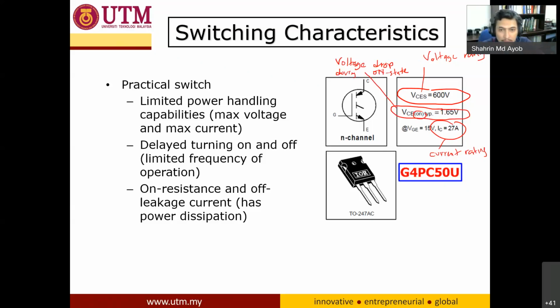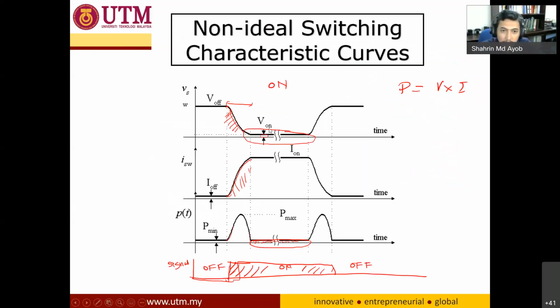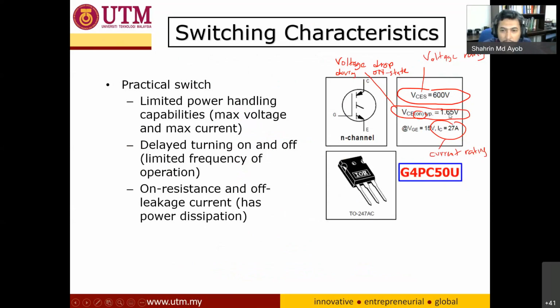This is the V on, which is the voltage drop when your device is in the on state because of some internal resistance. It is very small, 1.65 volts. So this is the voltage drop across the switch when it is at the on state.